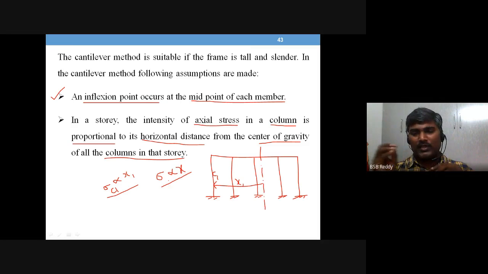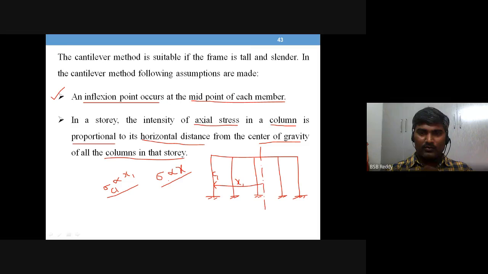You take all the columns in a particular floor or story, find the CG of all those columns, then the axial stress in a particular column is proportional to its distance from that CG. This is assumption 2.